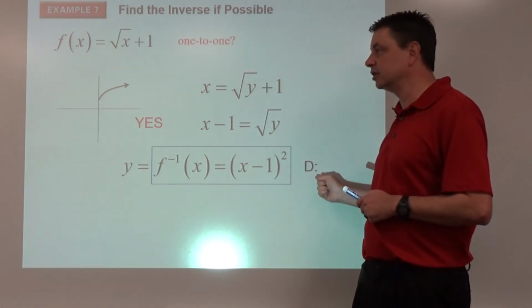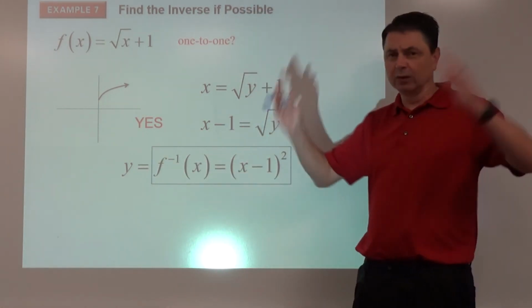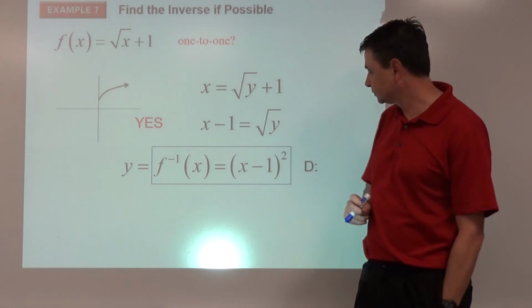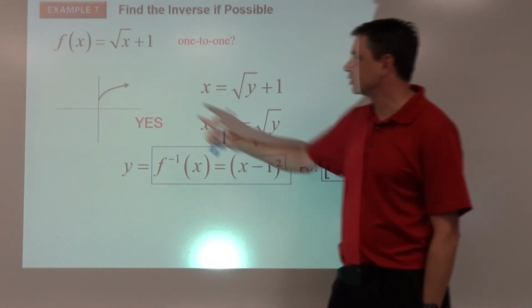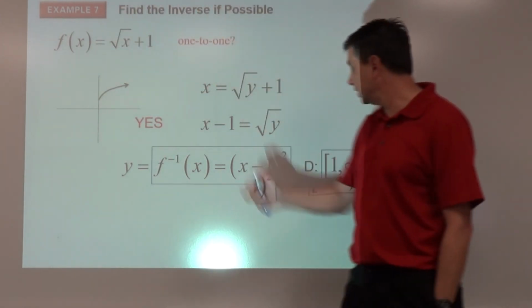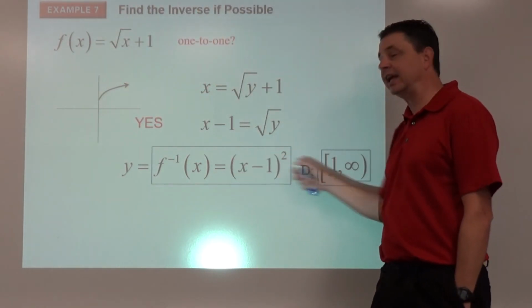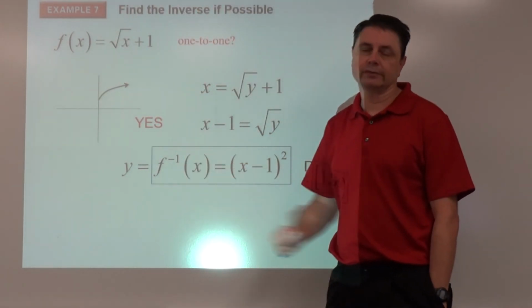That's going to have to be the domain over here. Again, we don't want the whole parabola. Since the range here was 1 to infinity, that has to be our domain for the inverse.